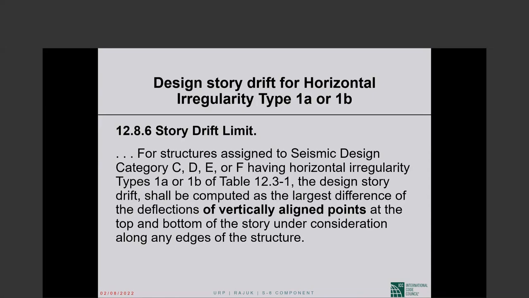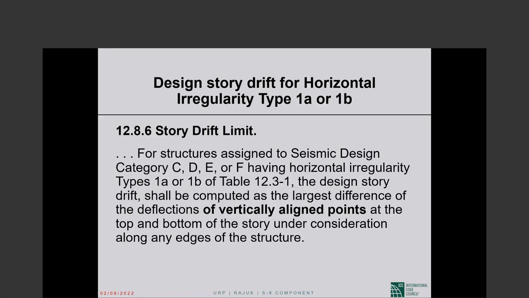And that is not good enough if you have significant torsion. So for structures assigned to design category C, D, E, or F having horizontal irregularity 1A or 1B, which would indicate significant torsion, the design story drift shall be computed as the largest difference of deflections of vertically aligned points at the top and bottom of the story under consideration along any edges of the structure.